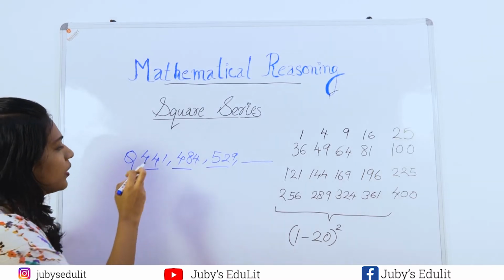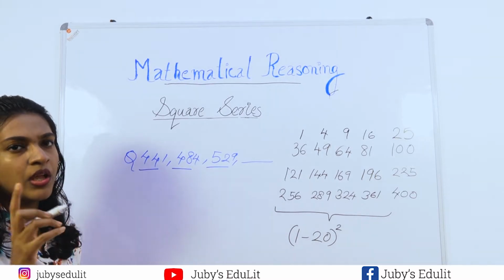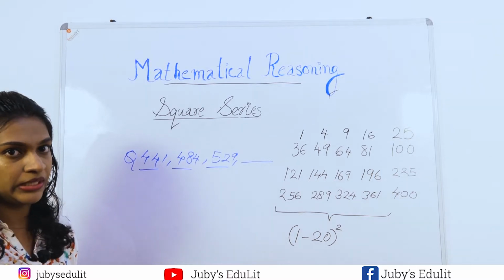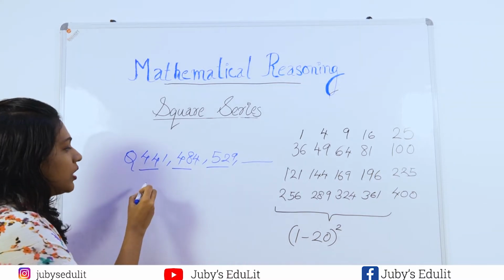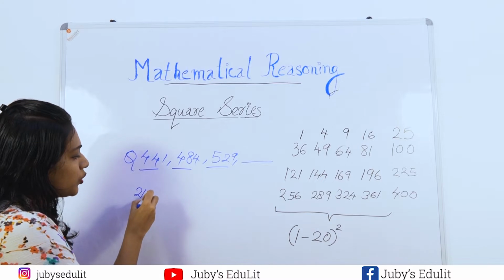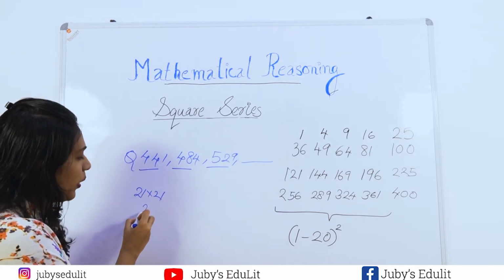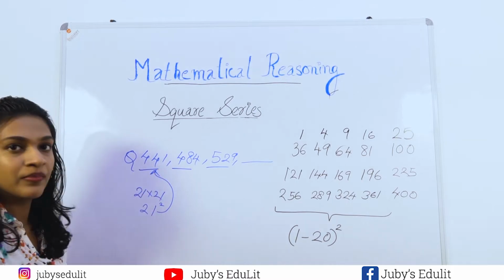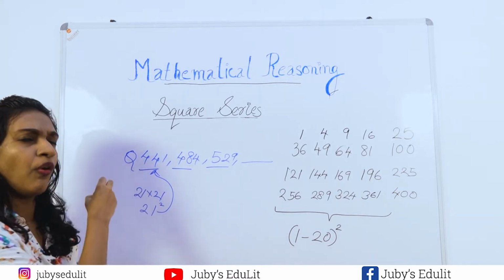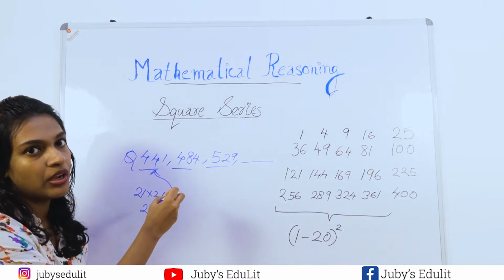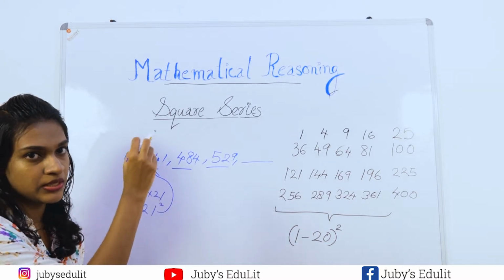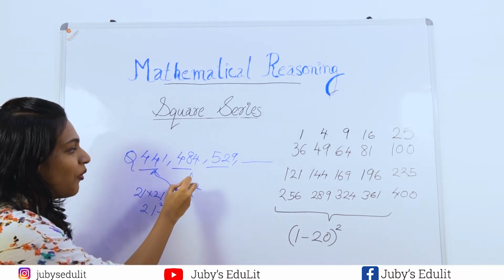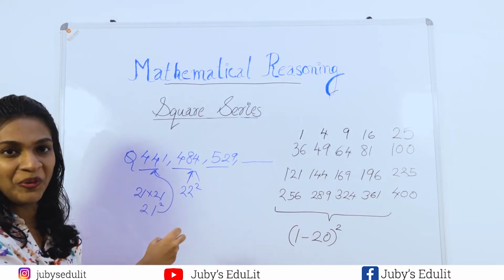Now let's see, what is 441? When you look in the multiplication table, or when you have already learned the square series, you can understand that 21 into 21, which means 21 square, is 441. Now let's see, what is 484? If you've already learned the square series, you can understand that 22 square is 484.